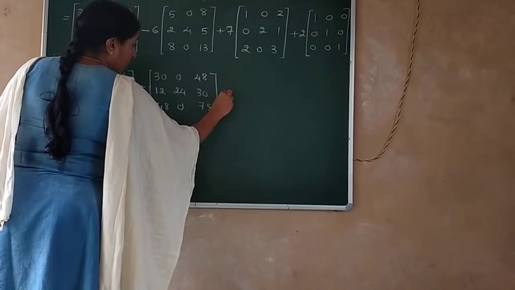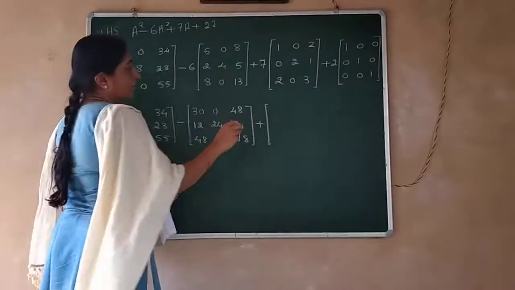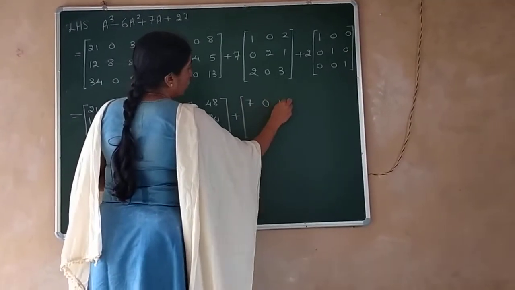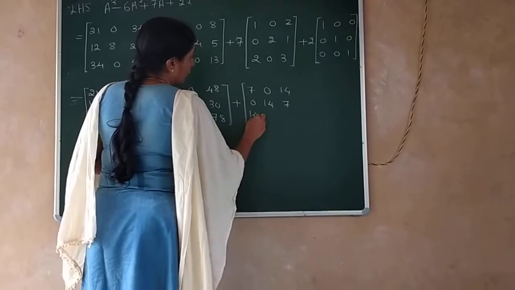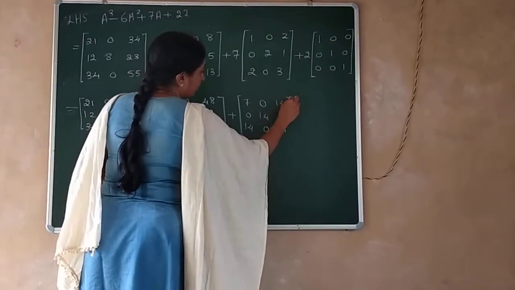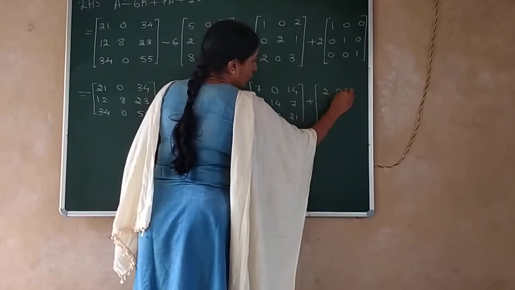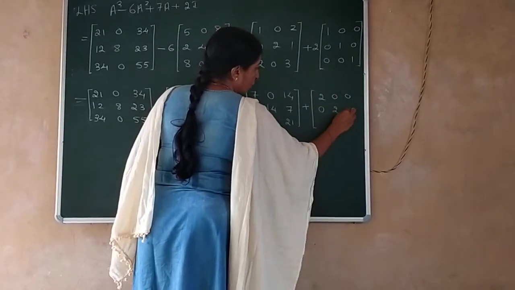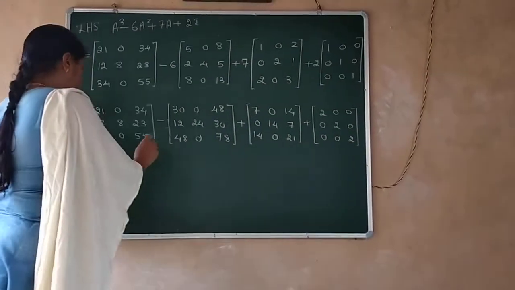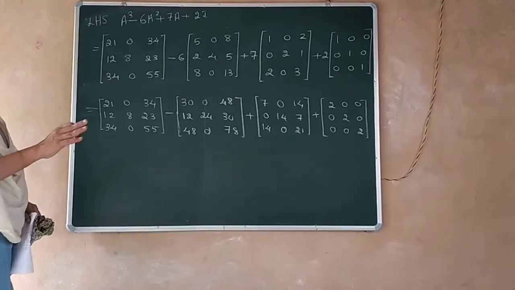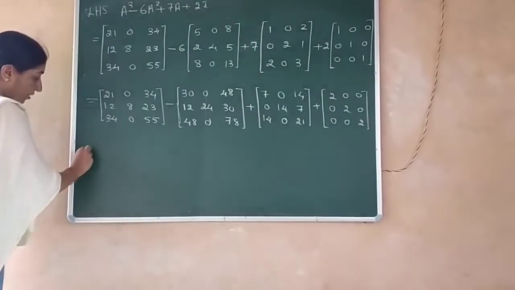Then plus, take 7 inside the matrix, multiply each number by 7: 7, 0, 14, 0, 14, 7, 14, 0, 21. After that take 2 inside the matrix: 2, 0, 0, 0, 2, 0, 0, 0, 2. See, now we have 4 matrices. If you are thorough in addition and subtraction, take all the 4 values at a time. How do we have to take?